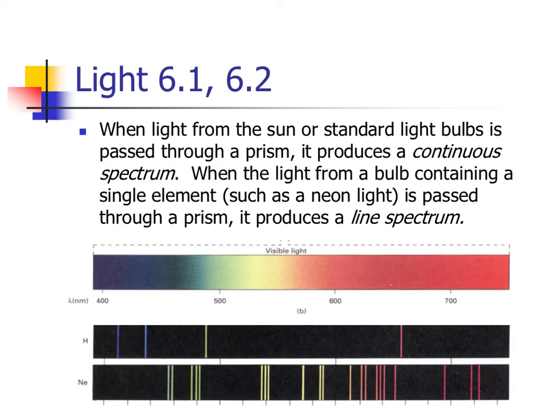Different light bulbs have different line spectrum as well. An incandescent light bulb usually is going to have very much visible light, but halogen lights are going to have more of a line spectrum, because they have different compounds in them creating that light.